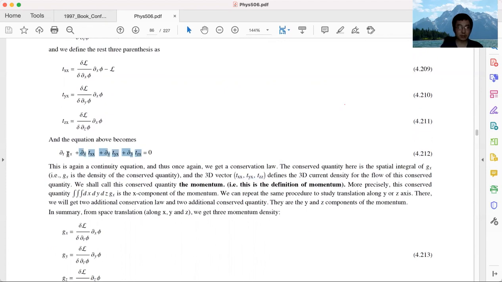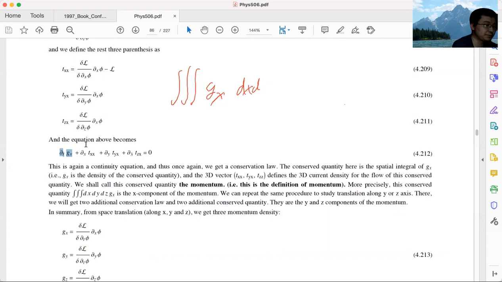And the same as before, gx, the one related with the time derivative, is my conserved density. So gx is the density of my conserved quantity. And the spatial integral of gx in some volume omega is my conserved quantity.